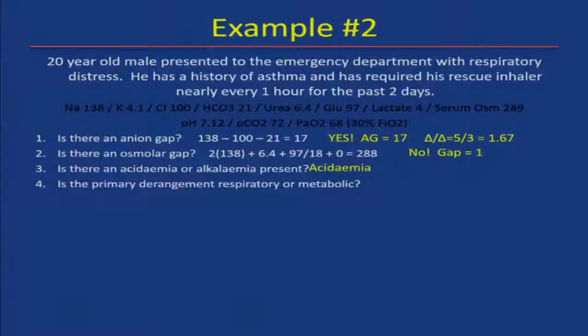Is there an acidemia? Yes, there is. Is the primary derangement respiratory or metabolic? Again, I hope it won't come as a surprise to you, given the extent of the pH derangement and given the extent of the CO2 being high.